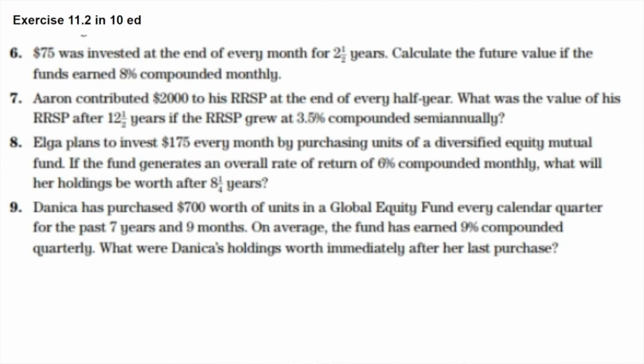And the total number of periods, a total number of compounds, would be 30, so n would be 30. So we could really plug that into that basic formula.